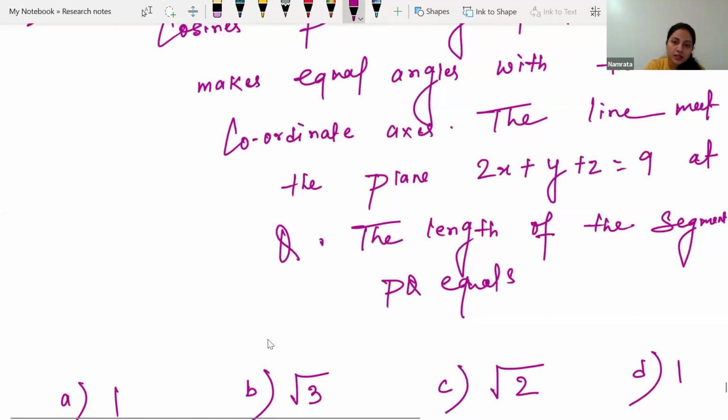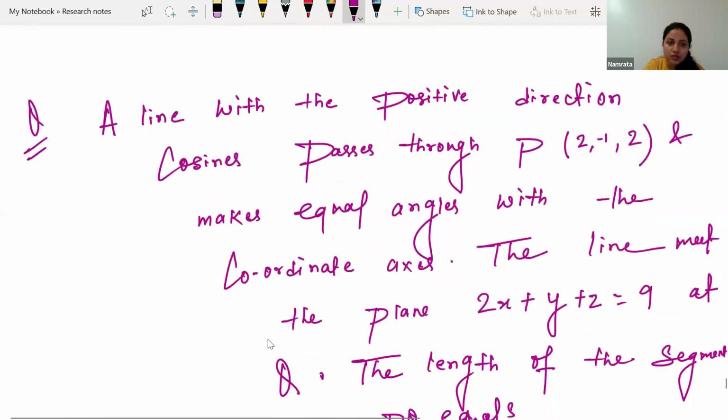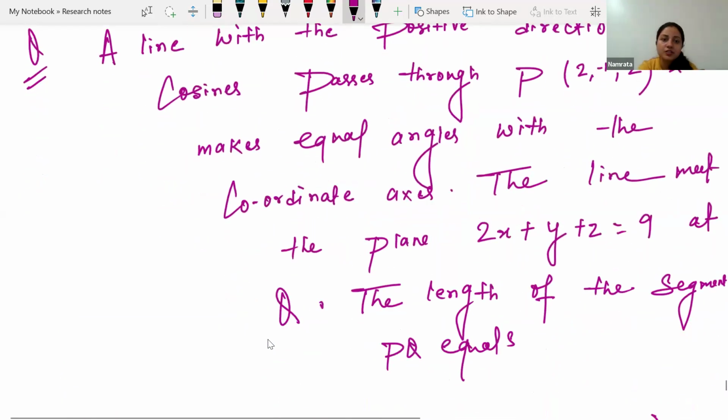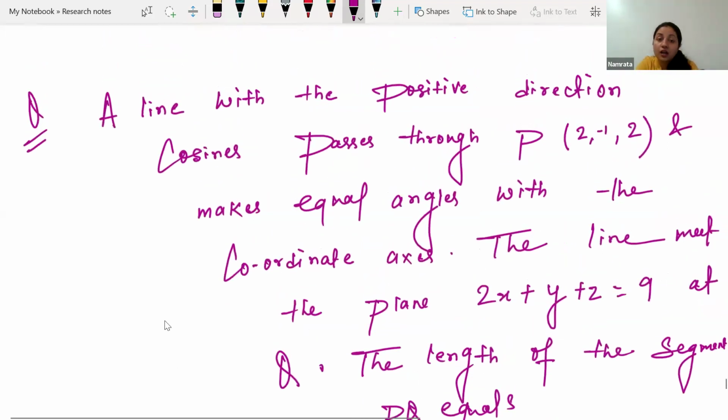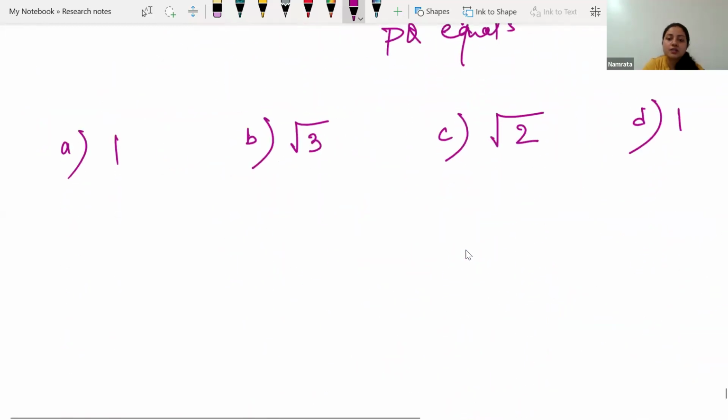Okay, let's see what the question says. A line with positive direction cosines passes through this point and makes equal angles with the coordinate axes. So if a line is making equal angles with the coordinate axes, that means alpha, beta, gamma are all the same.